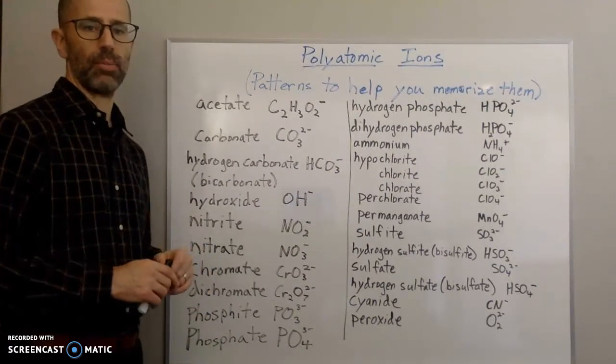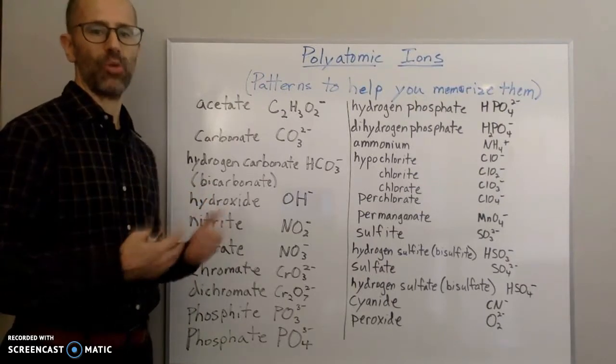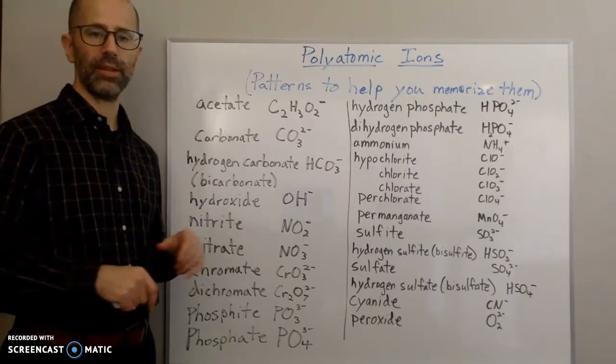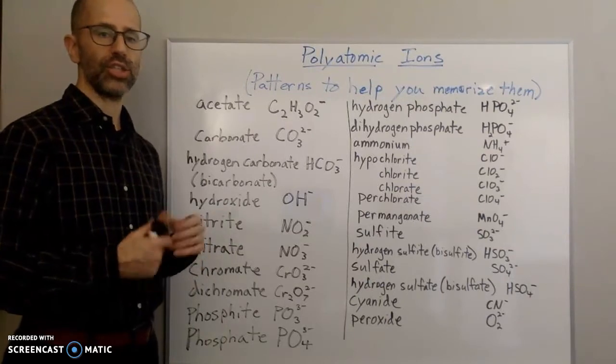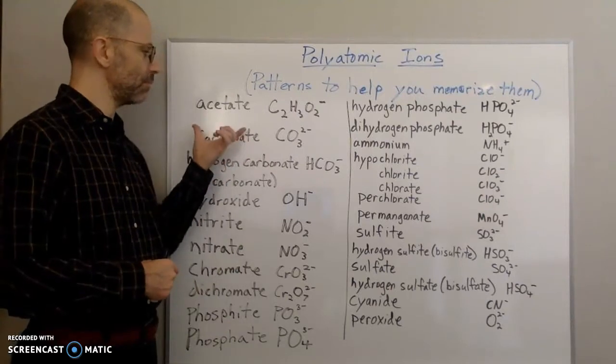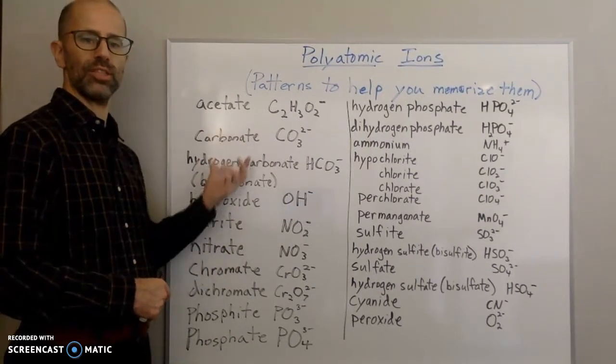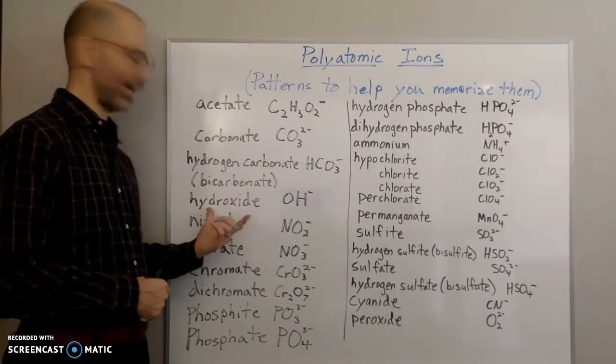But one of the things I want to point out first is that each ion has its own name. You don't need to drop anything. You don't need to change the ending to IDE or anything like that. The name of the ion is as it is written on the board. So you just need to know the name that is written here.